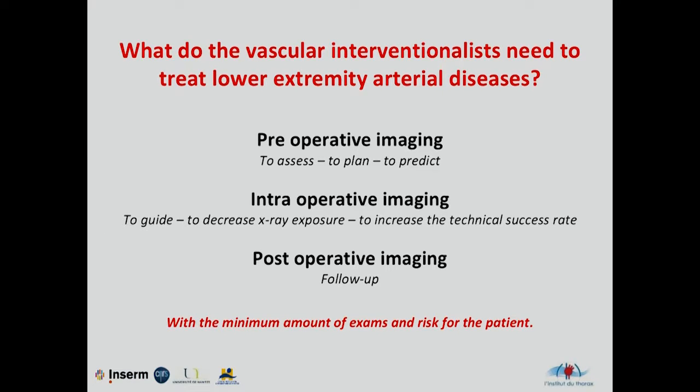We also need intraoperative imaging to guide, to decrease the X-ray exposure, and to increase the technical success rate, due to occlusive disease for example. And finally, we need postoperative imaging to follow the patient. And all these examinations should be performed with low risk for the patient, of course.